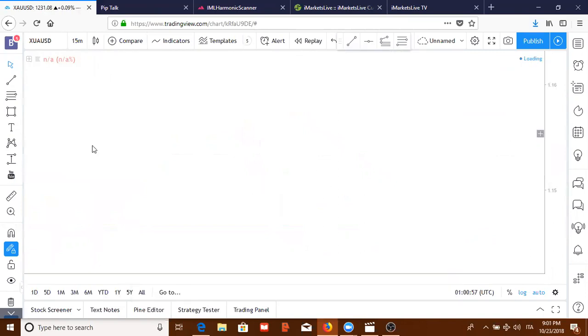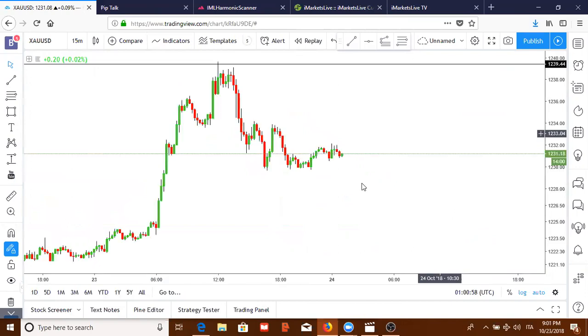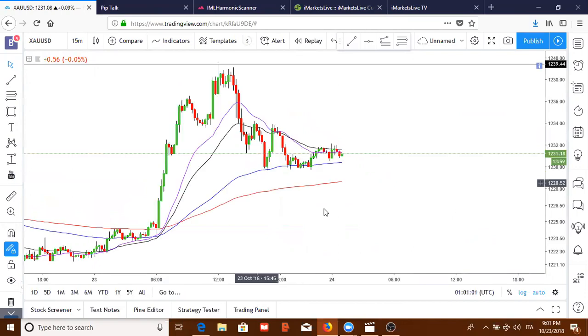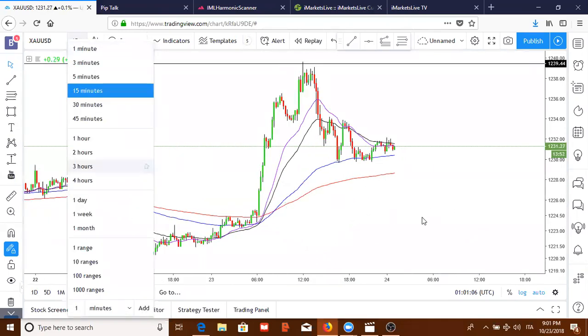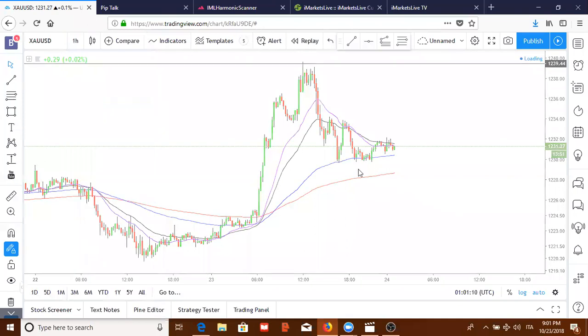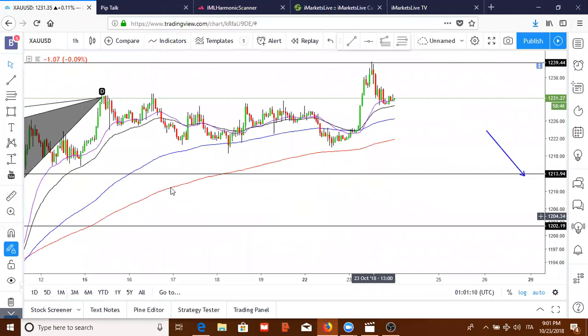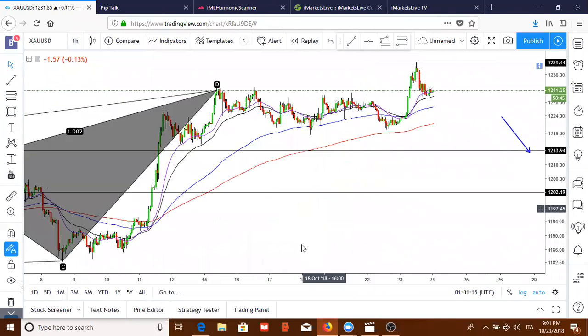Check this out first, because I had this markup on the hour chart. Go to the hour chart real quick. 1 hour. So I had this markup on the hour chart.